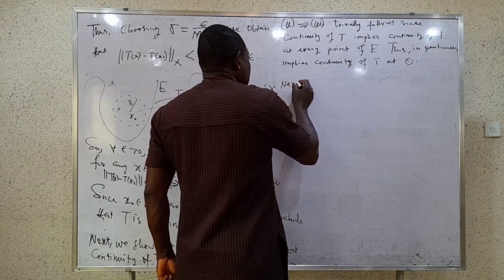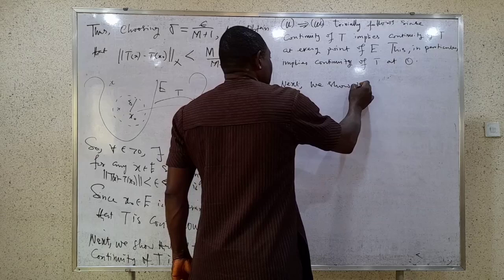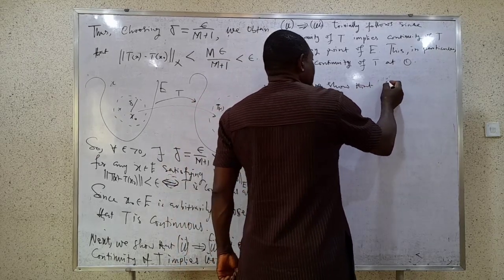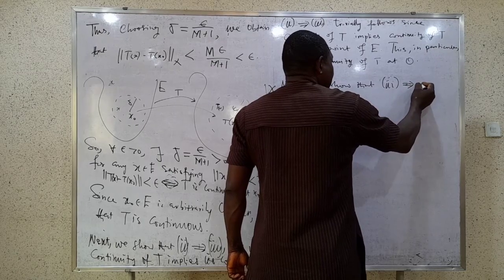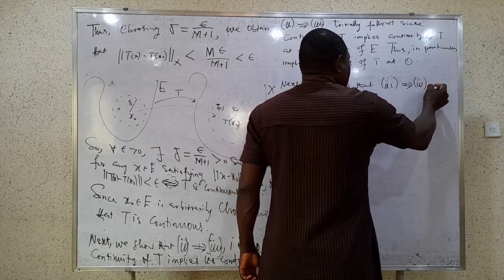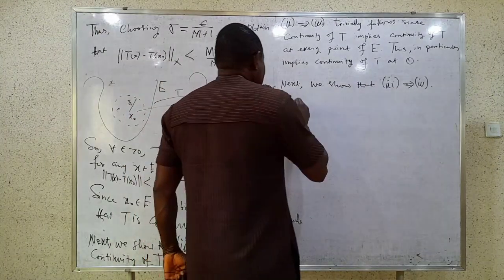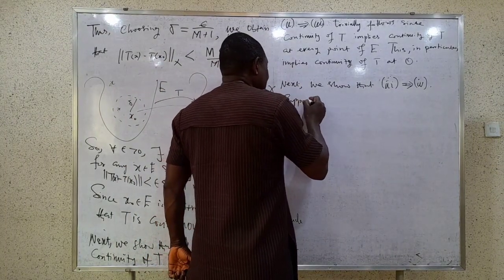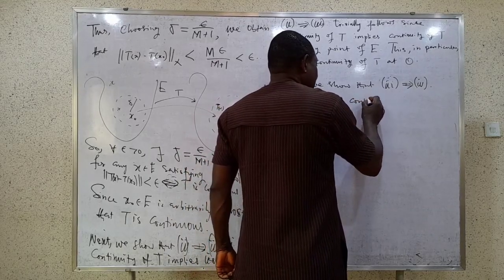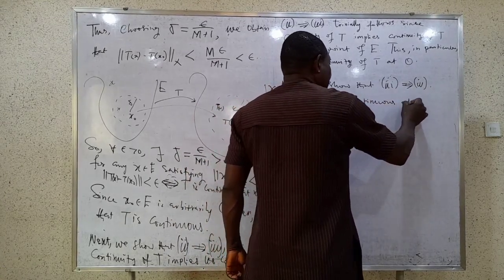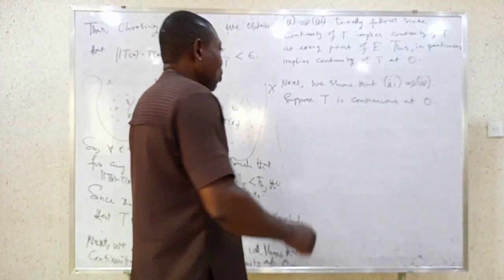Next, we show that the first statement implies the fourth. That is, suppose T is continuous at 0.